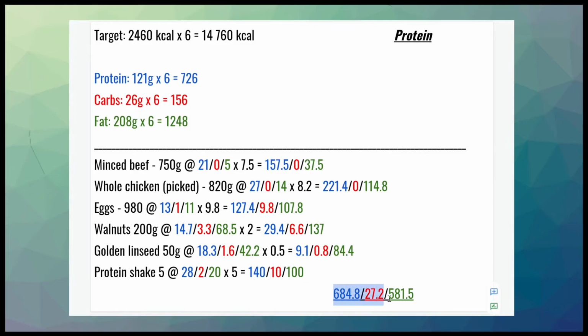And here on the bottom are the numbers I'm getting so far from my proteins. So almost 690 protein, a little bit off the target, which is 726, but I'll get a little bit more from my carbs. And if I don't get enough, I'll just increase the eggs.